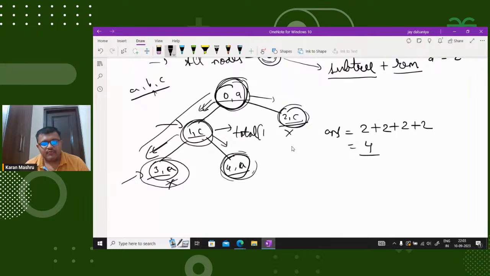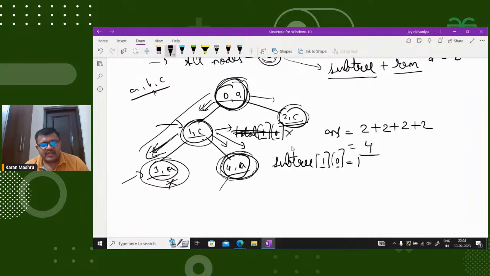Then subtree 1 0 will represent the count of character A in the subtree of index of node number 1. After I have traversed this branch, this would be equal to 1. I have not yet traversed this branch. Now when I traverse this branch, I'll know that there is one A here, right?